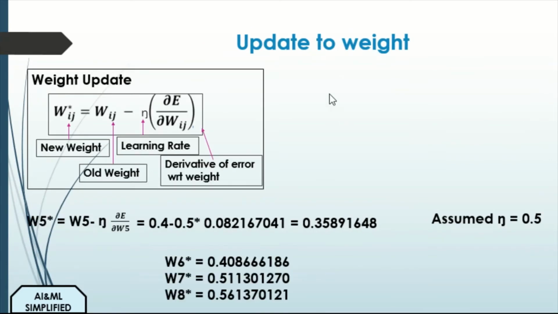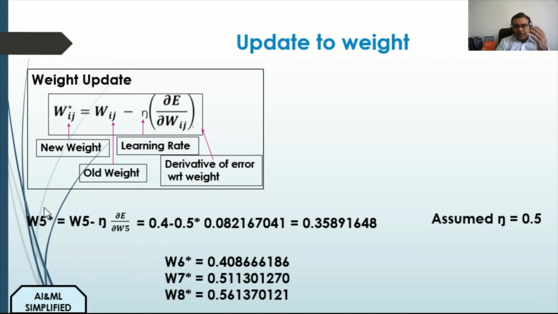The next step is to update the weights. To update the weight, we have the formula: the new weight equals the old weight minus the learning rate into the derivative. The learning rate is typically taken as between 0 and 1. In this case, we are assuming a learning rate of 0.5 from the simplicity perspective.